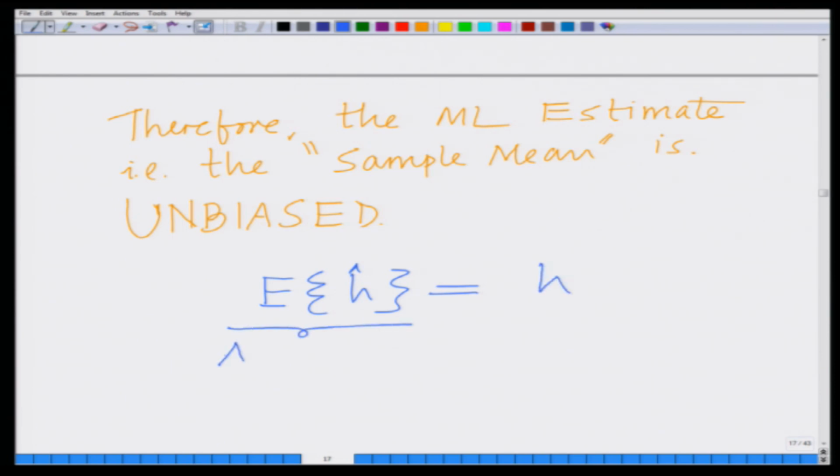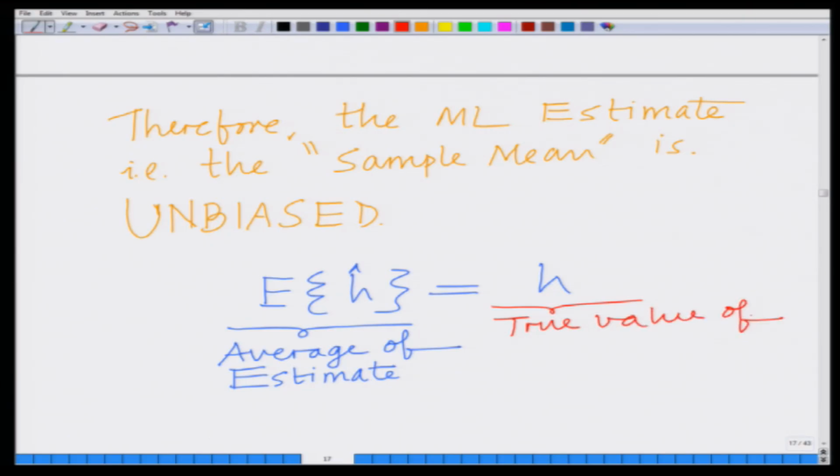This is the average value of the estimate, and this is the true value of the underlying parameter. On an average, the average value of the estimate is equal to the true value of the underlying parameter.